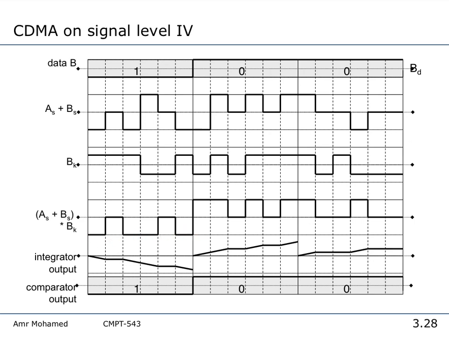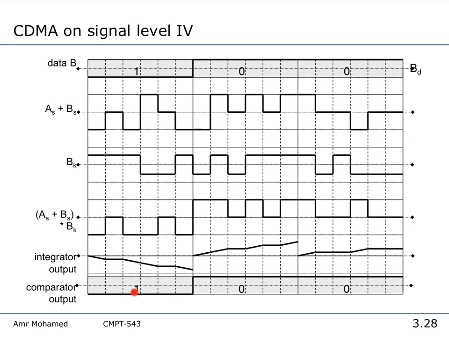So you use an integrator output: minus 2, then 0, then minus 2, then 0, then minus 2. It's like an analog integrator. It actually gets the summation of all the 6 bits.